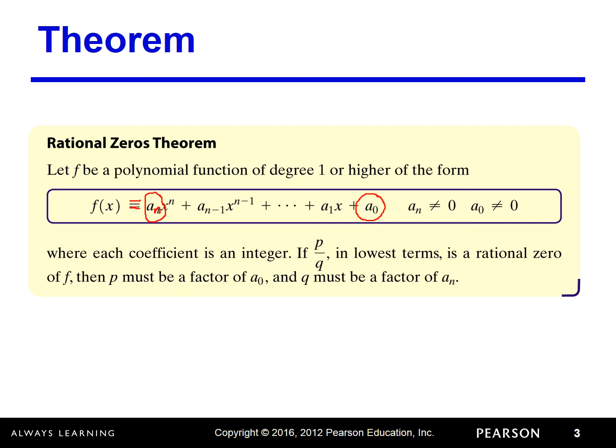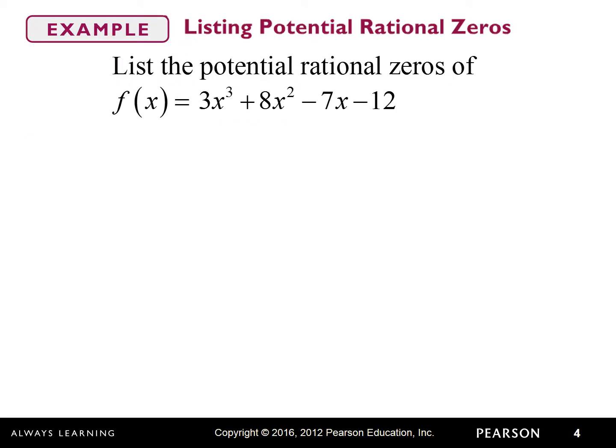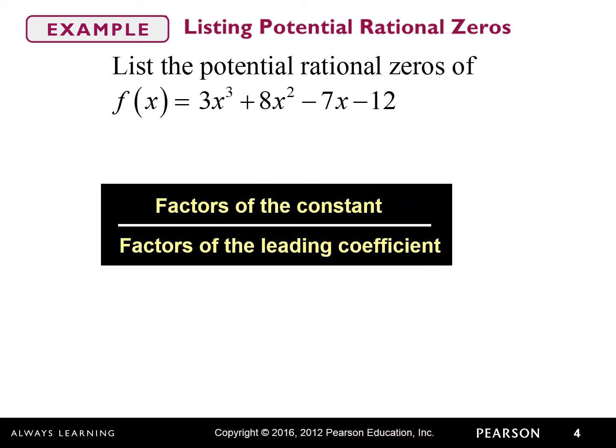So any rational zero has to be of the form factor of this thing over factor of this thing. So for example, here's a polynomial function, and any rational zero will have to be of the form a factor of that over a factor of that.